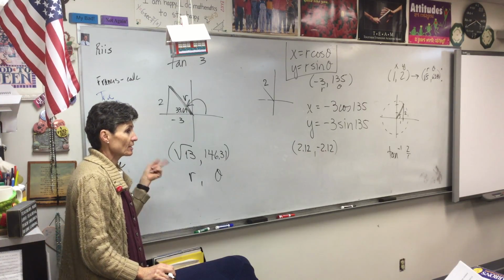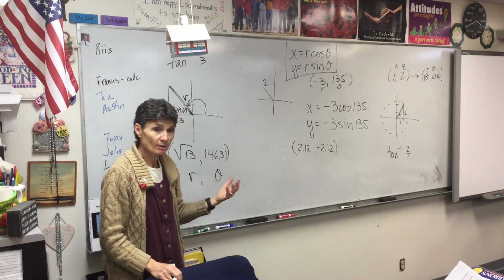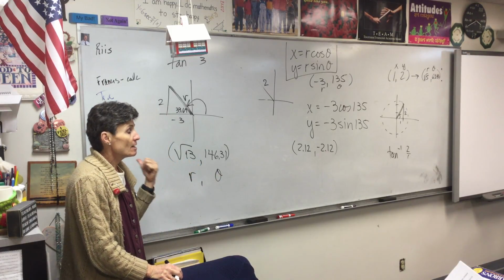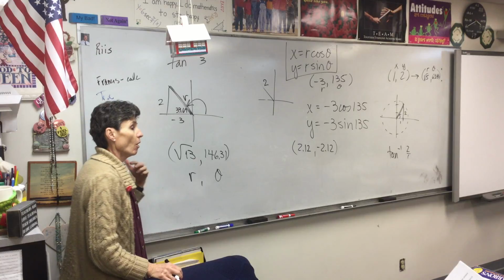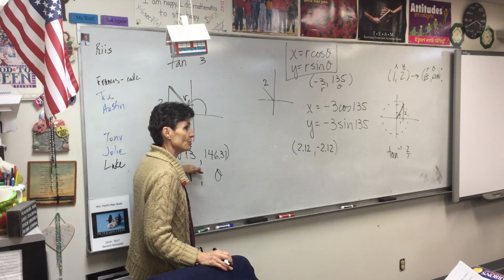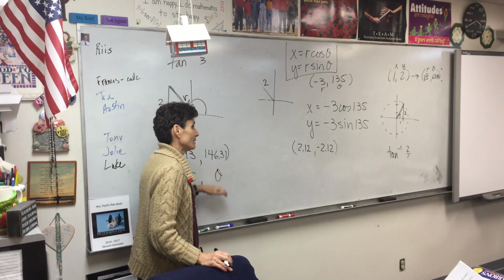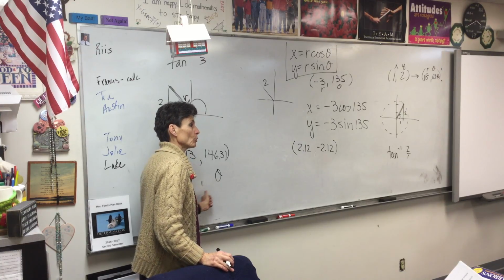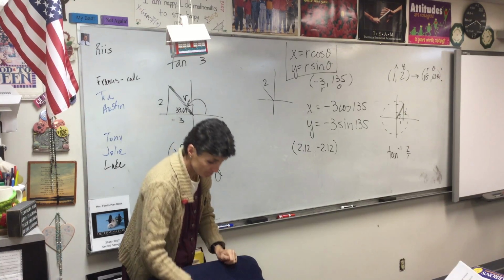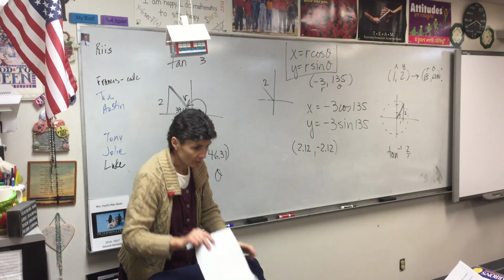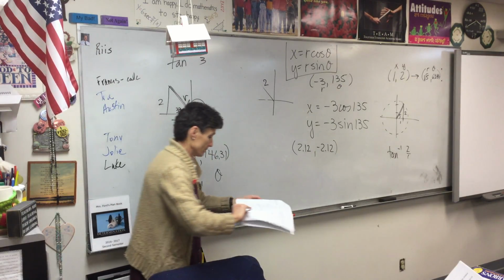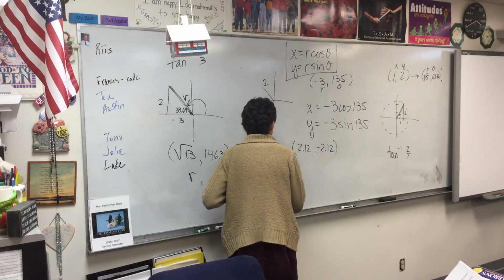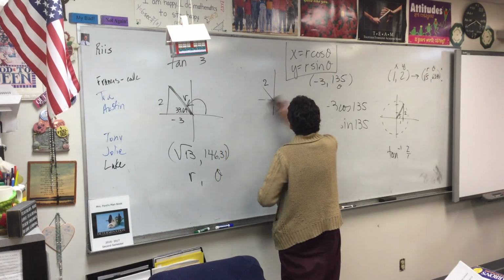Do you see the connection between what you're going to do on the test tomorrow and this? It's exactly the same. The only difference is on the test we call it magnitude and direction angle. Now we're calling it R and theta, polar coordinates. All right, try the next two on your own. -3, -1, and 2, -4. See if you can get those.